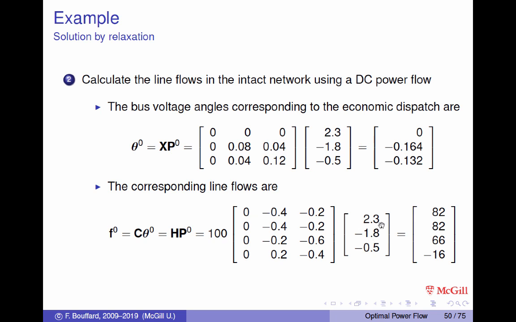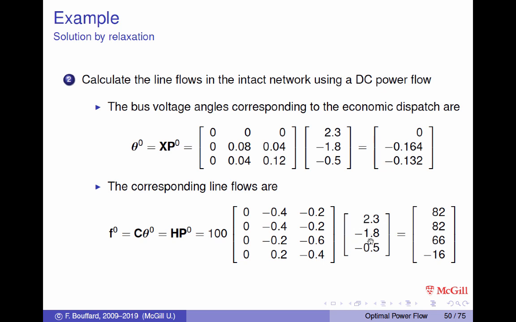So if we look at the injections, at node 1 we have 230 megawatts, which we'll divide by the power base of 100. At node 2 we have 20 megawatts of generation, and we have 200 megawatts of demand.